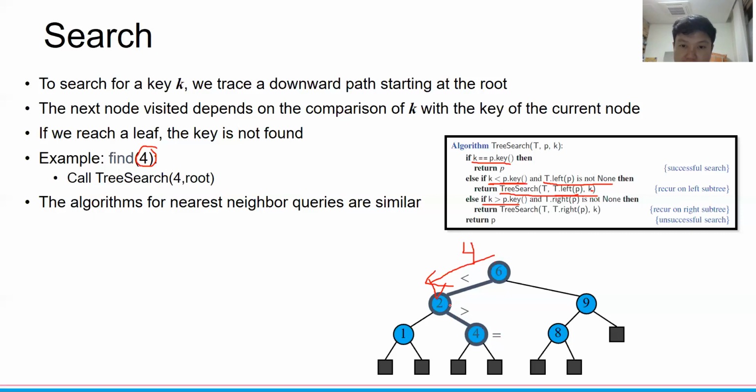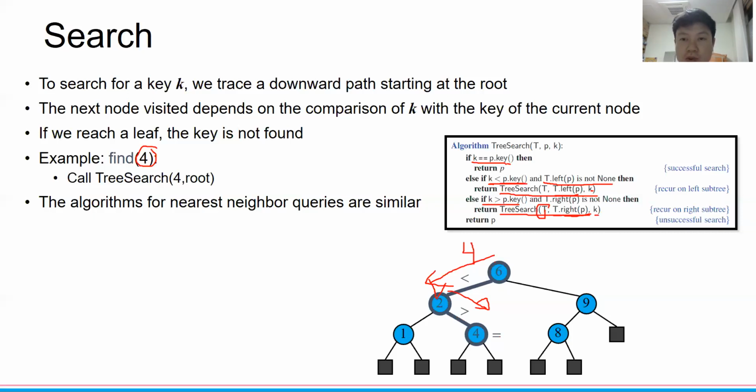Is 4 greater than 2? Yes, because k is greater than 2, we go to the right. So t is the tree, and t dot right of p, we go to the right, and then give the number k and do it again.